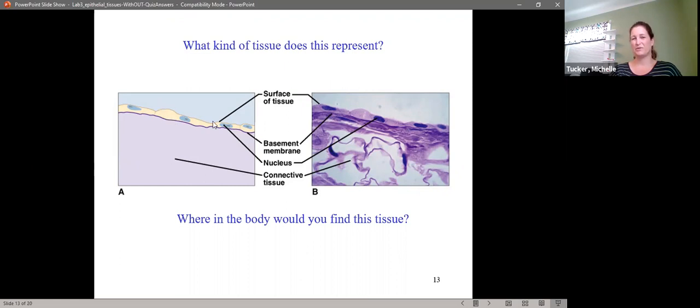That's right. So simple squamous epithelial tissue found in the lungs. Yes, very good.